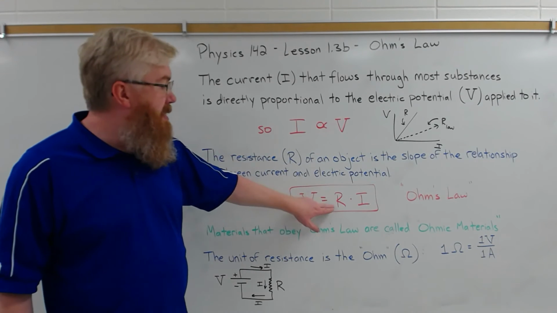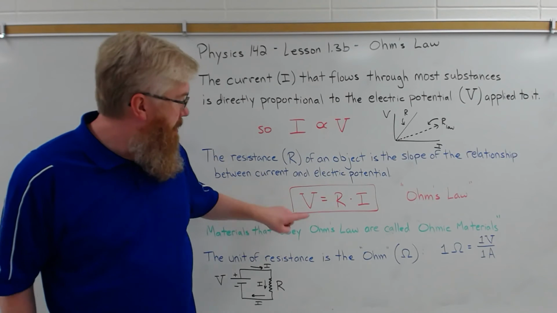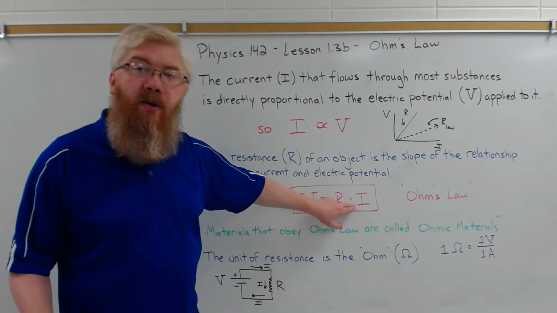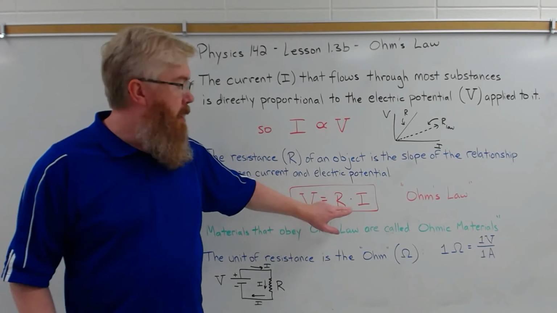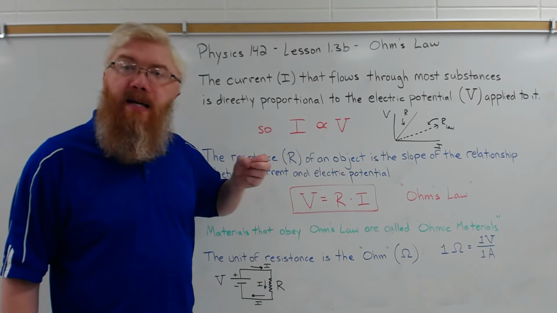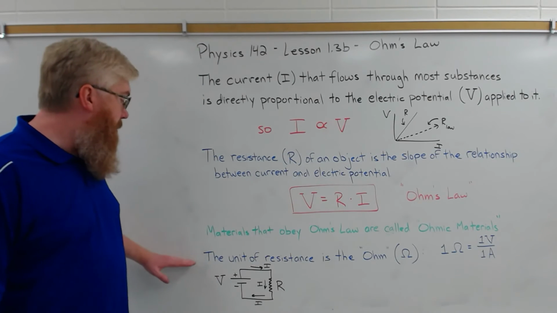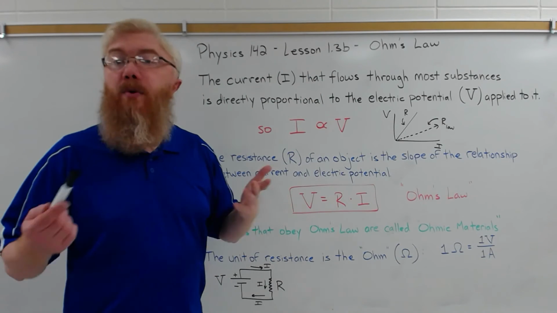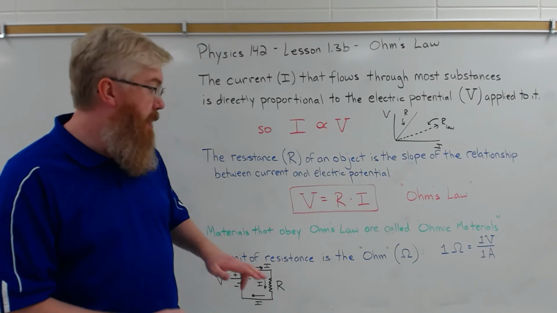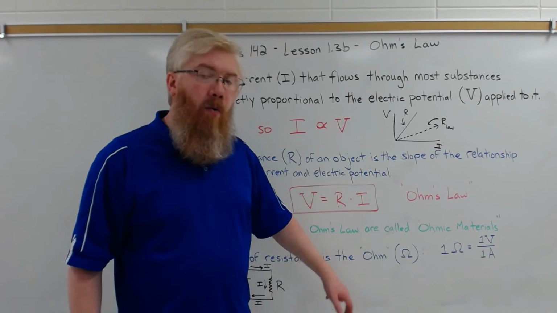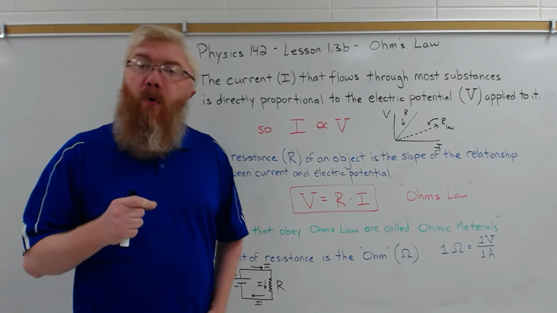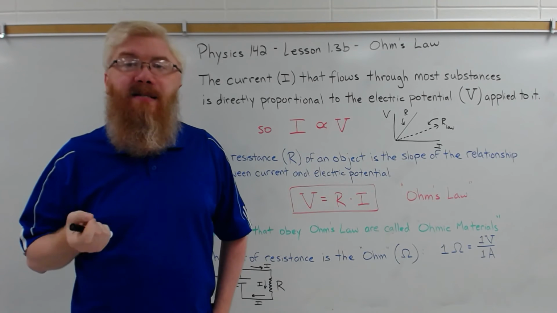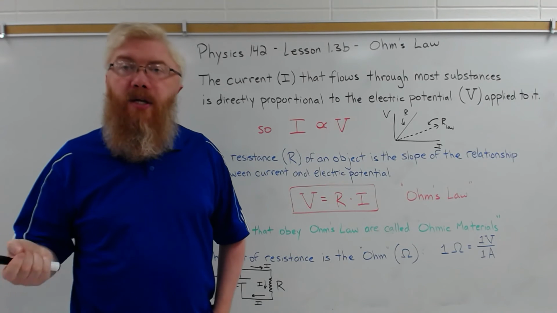Now, resistance value, it has to have a unit, right? We know the potential here is in units of volts. We know the current is in units of amperes or amps. What is the SI unit for resistance? Well, the unit of resistance is called the ohm, after the scientist Ohm who came up with this relationship. We don't use O's though for units, and a big O looks too much like a 0, so it would not make a good unit.